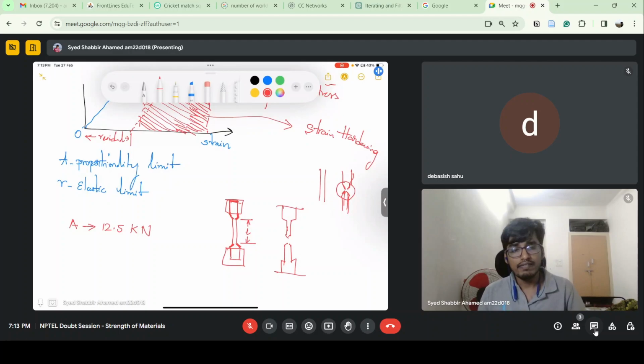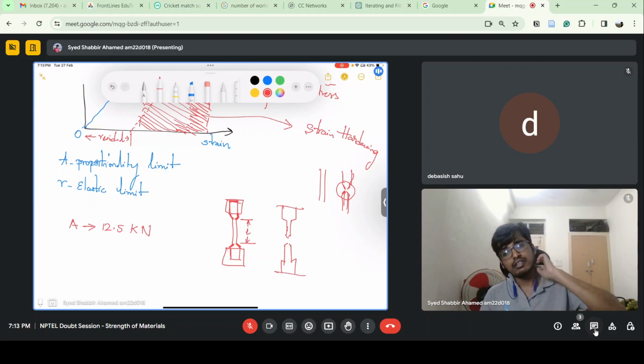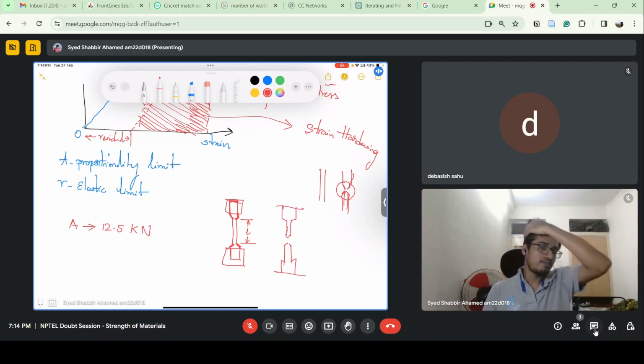So we have different societies with different standards. When we change the specimen type, gauge length, or cross section of the specimen, there will be variations in the values of the stresses which we obtain.